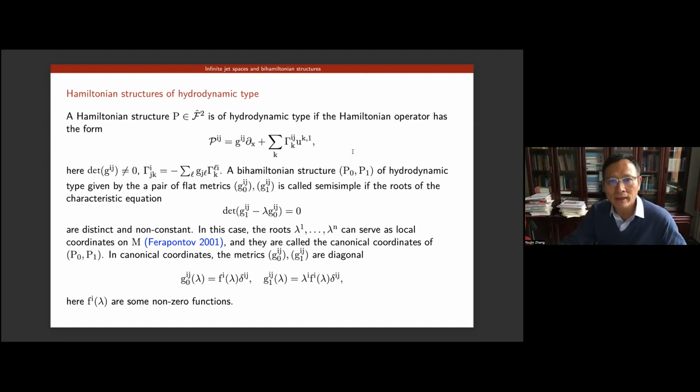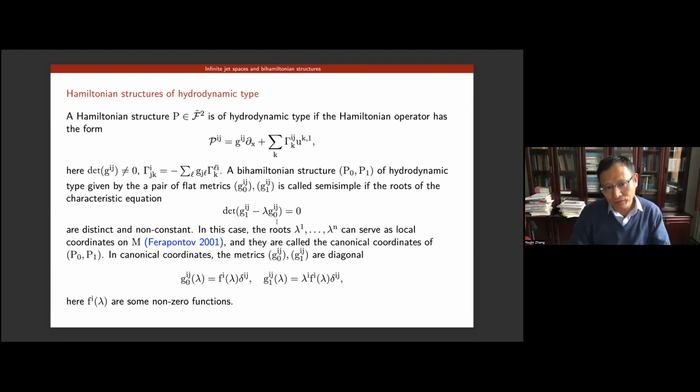And then we call a Hamiltonian structure P of hydrodynamic type if this Hamiltonian operator has this form. And if we have a bihamiltonian structure of hydrodynamic type, and we say this bihamiltonian structure of hydrodynamic type is semi-simple, then we mean that for the corresponding two metrics, the roots of the characteristic equation are distinct and non-constant.